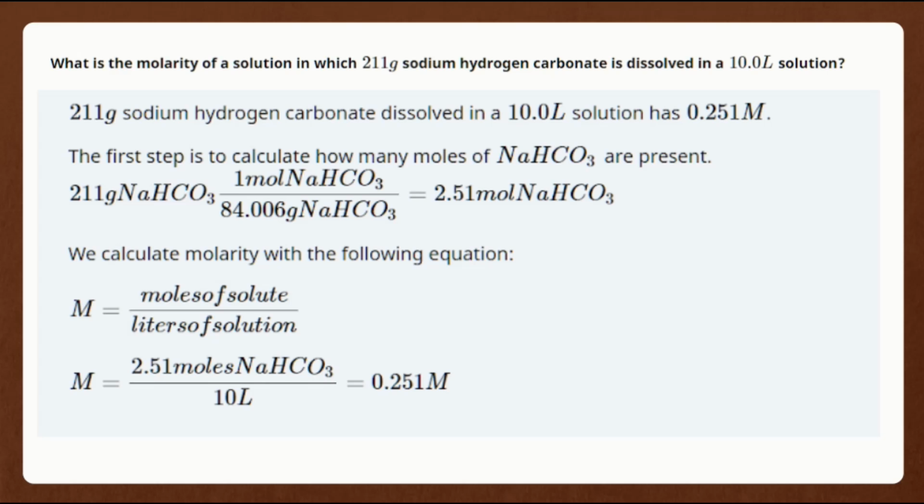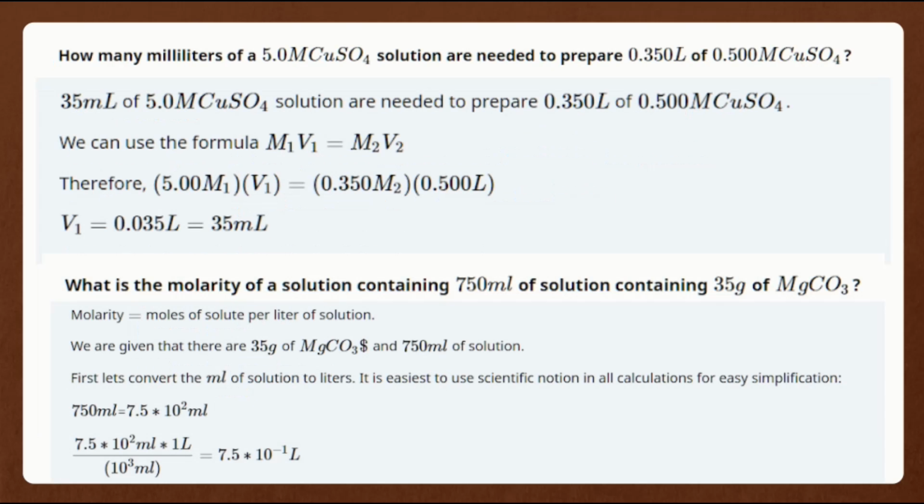The first step is to calculate how many moles of NaHCO3 are present. 211 grams of NaHCO3 into 1 mole of NaHCO3 by 84.006 grams of NaHCO3 is equal to 2.51 moles of sodium bicarbonate. Molarity is equal to moles of solute by liters of solution, which is equal to 2.5 moles by 10 liters, which is equal to 0.251 molar.